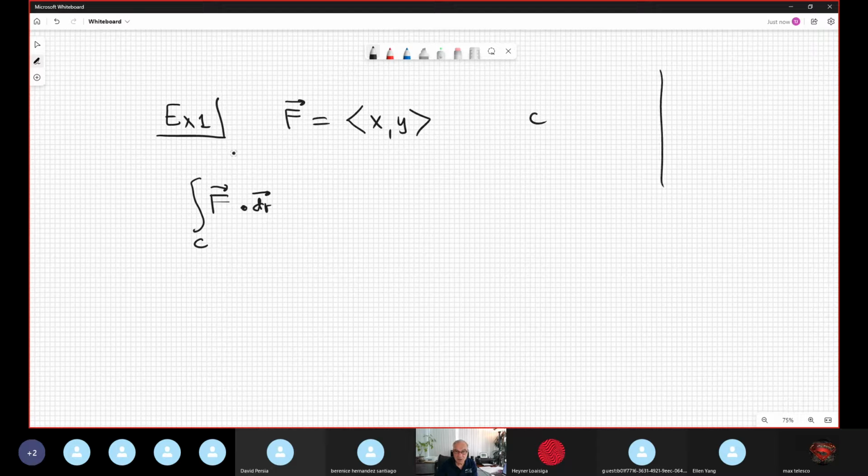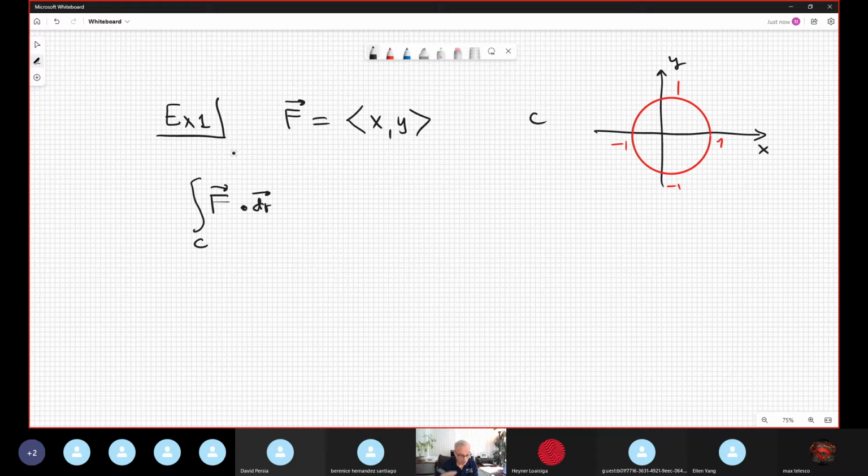C is the unit circle. It's a 1, a negative 1, a 1, a negative 1. And this is a problem in 2 dimensions.